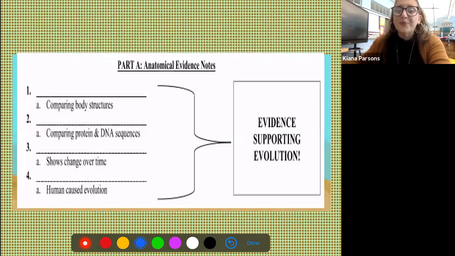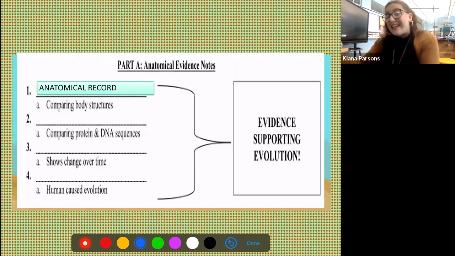All right, part A, anatomical evidence notes. Number 1, the first blank: anatomical record, which means comparing body structures, comparing the anatomy of different organisms to see how closely related they are, to determine if this is evidence that these species are related. They come from maybe a common ancestor, or we have found an ancestor, but we can observe this change over time.